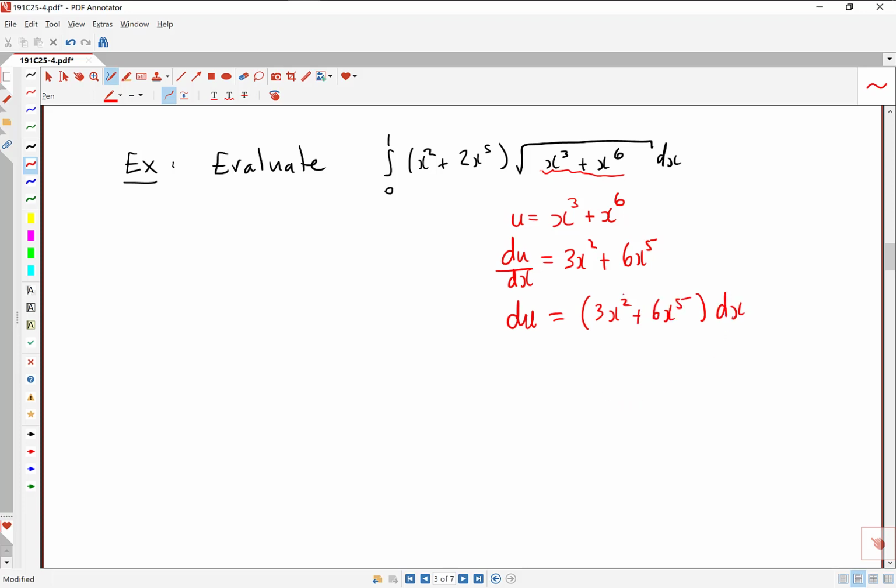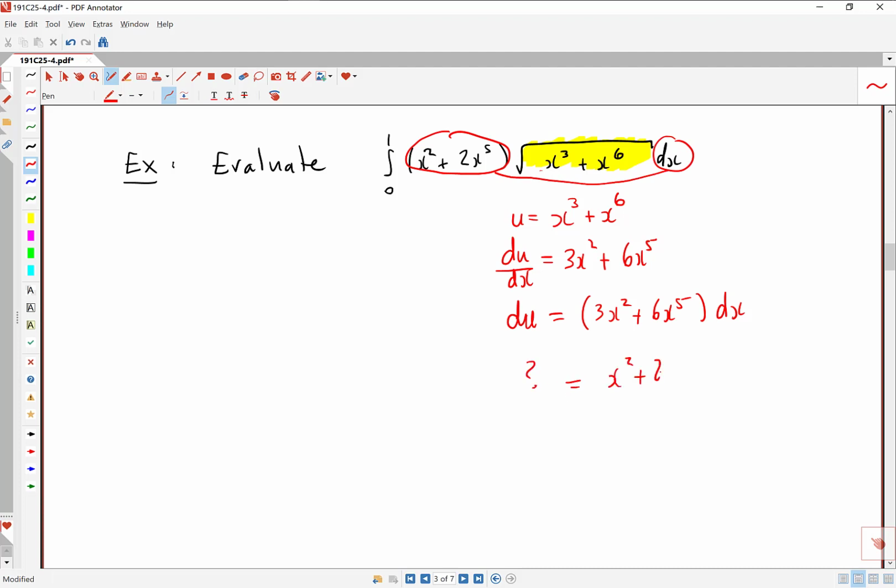Now this is where we look back at our integral and figure out what we've accounted for already. This square root here, we're going to be able to call that root u. That looks good. But the other stuff we've got in the integral, let's circle it: x squared plus 2x to the 5th times dx. We ask ourselves, what is this equal to?